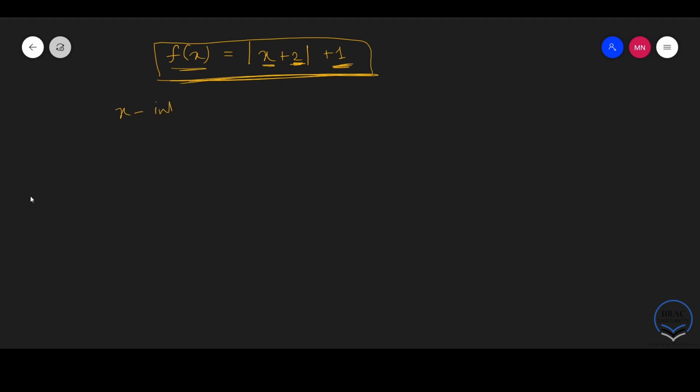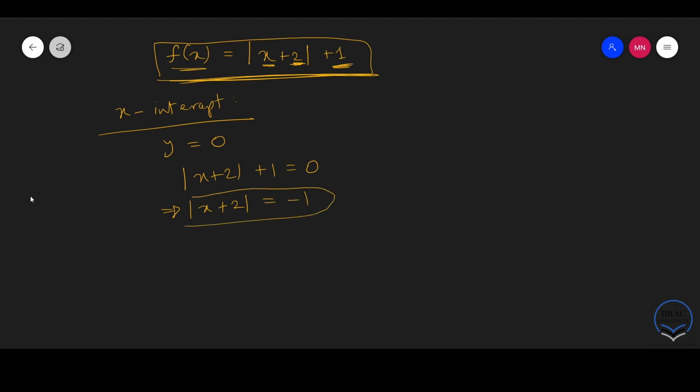So to find the x-intercept, what do we do? We just set our output y to be equal to 0, right? So we have the absolute value of x plus 2 plus 1 equals 0. Subtracting 1 from both sides, we have the absolute value of x plus 2 is equal to minus 1. Right, and now we're supposed to solve this equation for x. But how do we solve this equation for x?